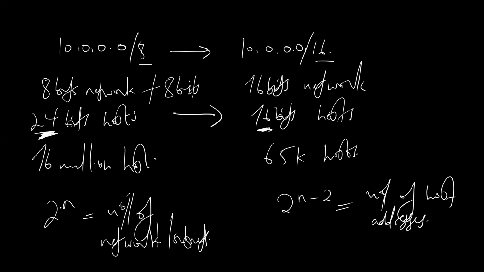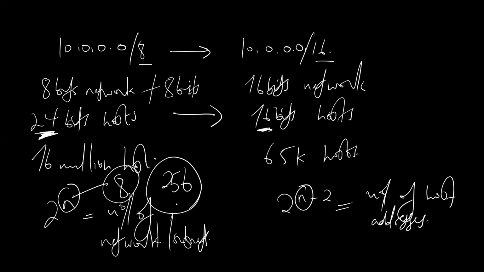The first n represents the number of bits borrowed from the host. The second n represents the number of bits left for the host. In this case, n is equal to 8 because that's the number of bits I've borrowed. 2 to the power of 8 is 256, which means I can create 256 networks, subnets, from the 8 borrowed bits.